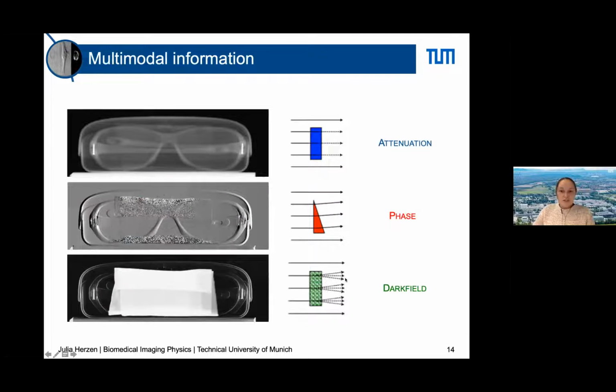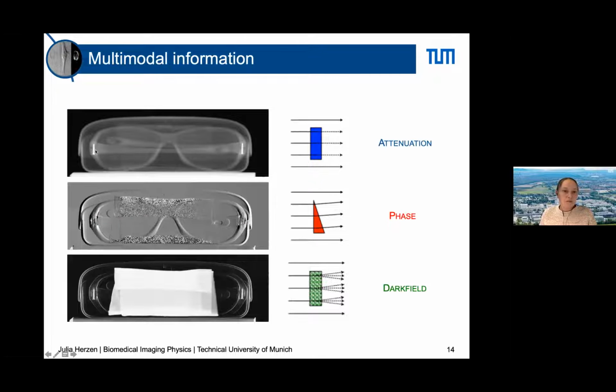To give you an impression of what images you can get, so the multimodal information is here, a box with sunglasses. We scanned this in radiography with such gratings, and you see the transmission here. This corresponds to standard radiography that you know also from the dentist.